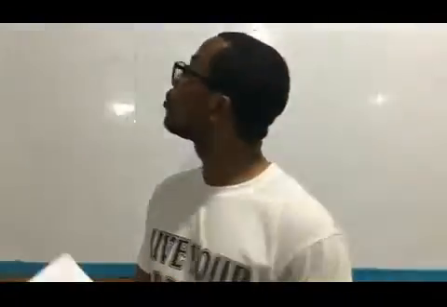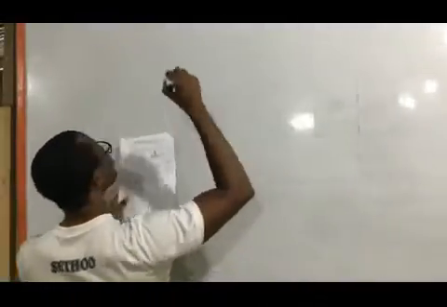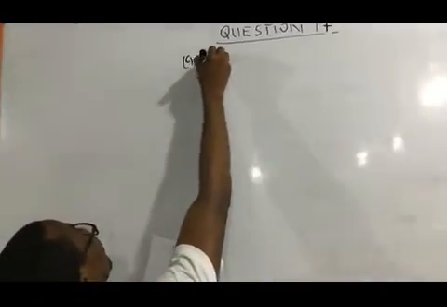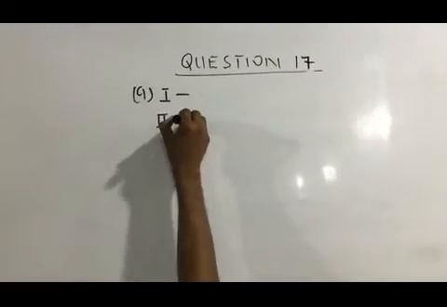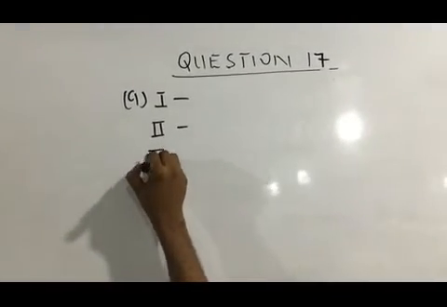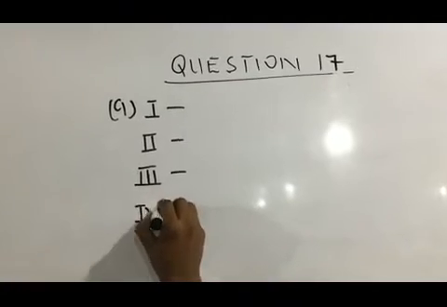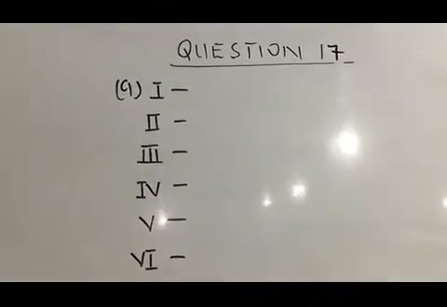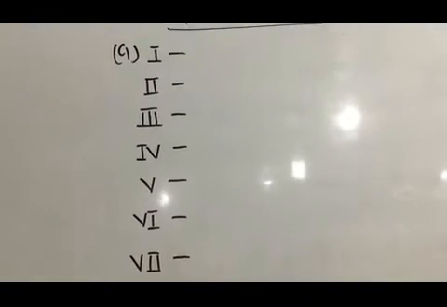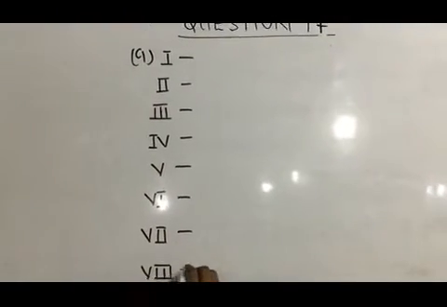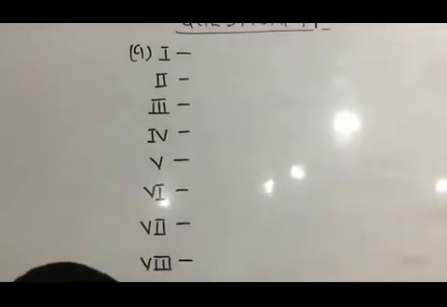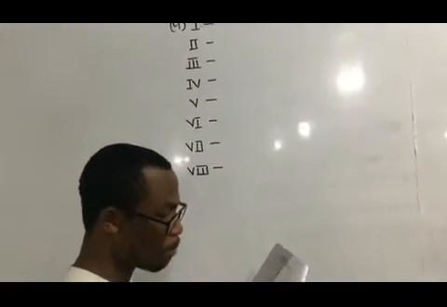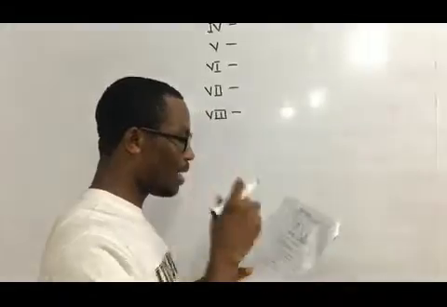Okay, so the A says you should name the parts labeled I to VIII. So question A. You have I. Okay, so the part labeled I. So that is a gas jar, but it has been turned upside down.